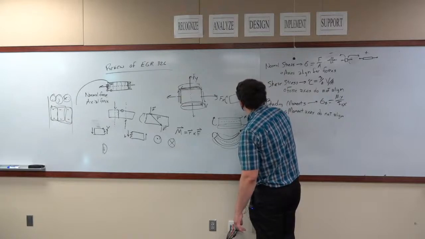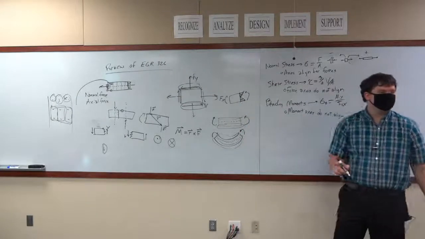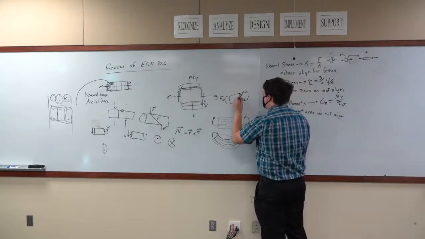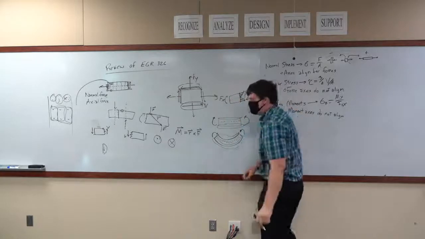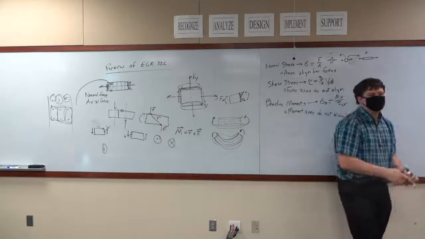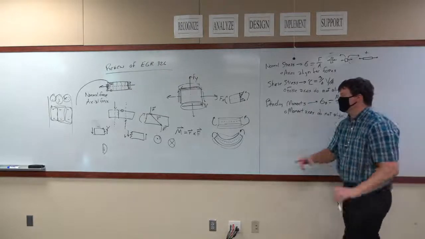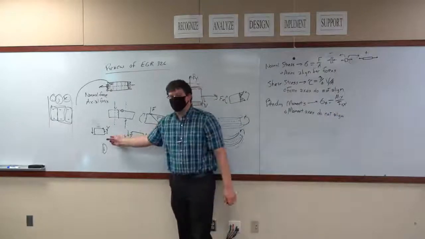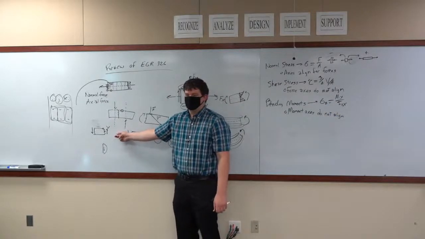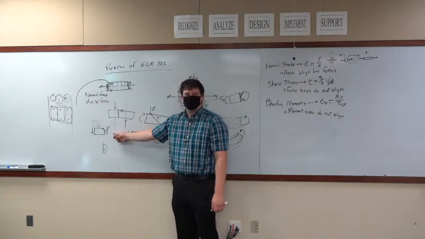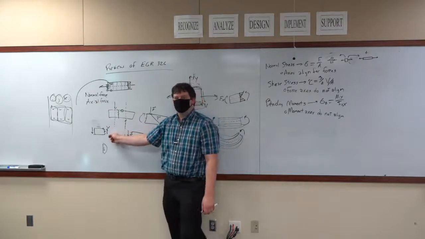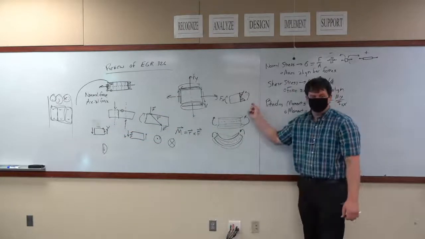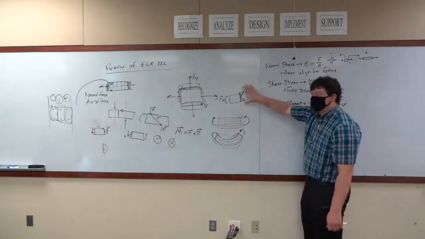It actually creates a triangular distribution where right here, the stress at the center of this component due to bending is 0. Now this does create an interesting problem when we're dealing with components that are both in bending and experiencing shear forces, because where is the location of the maximum shear stress in this cross section? It's right in the middle. Where is the location of the maximum bending stress? It's at the top and bottom.